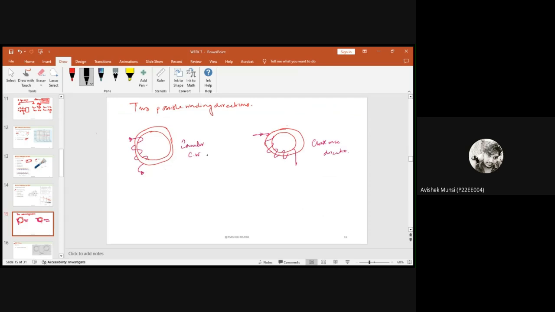So here, in this case, current is entering and flux is moving in the clockwise direction. Here, when current is entering, flux moves in this direction.